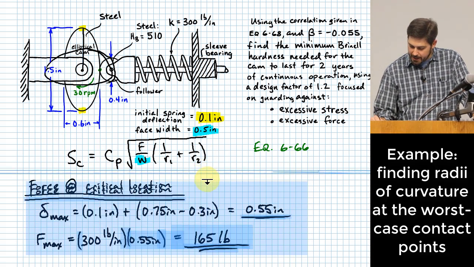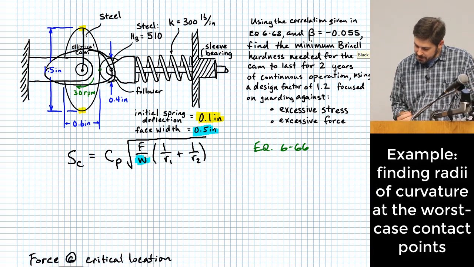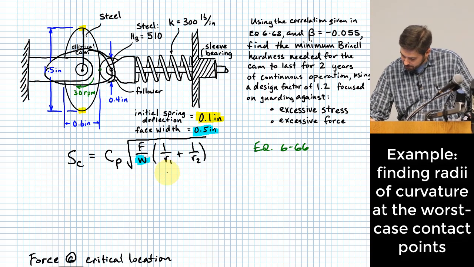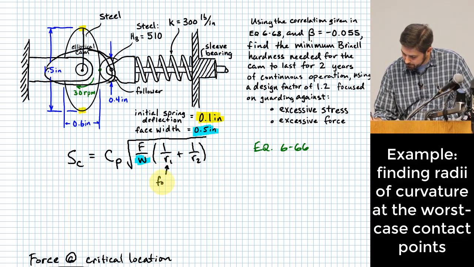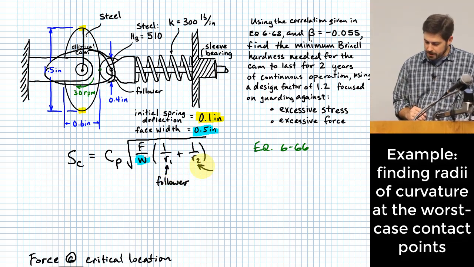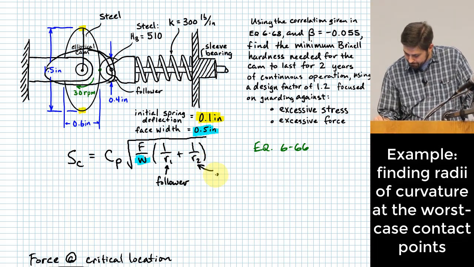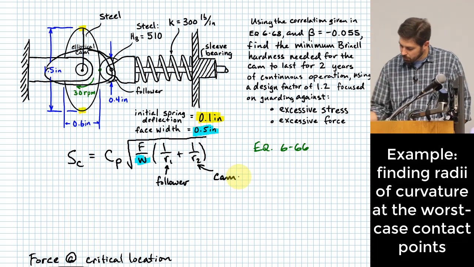And I mentioned that a second ago. Let's go ahead and find them. Okay. One of them's easy. We'll say R1 will be for the follower, and then R2 will be for the cam. Okay, so what's R1?